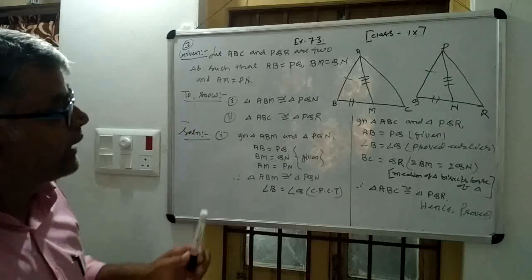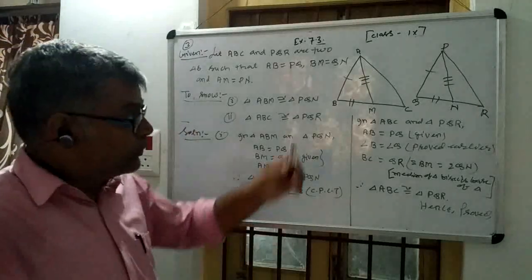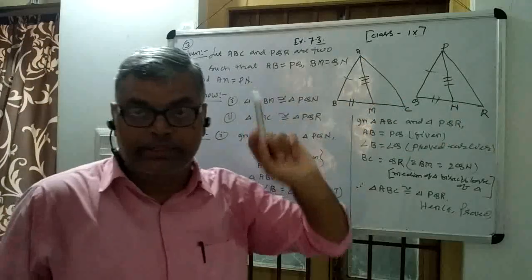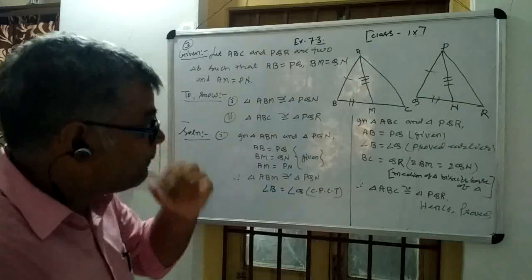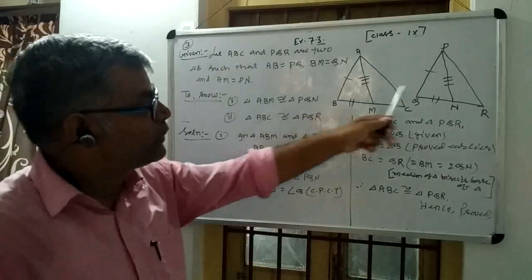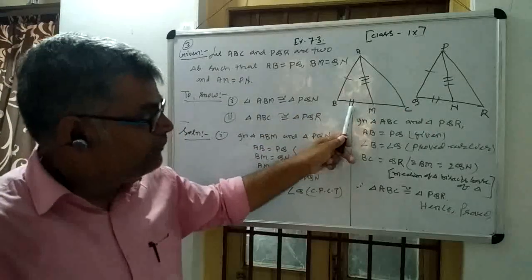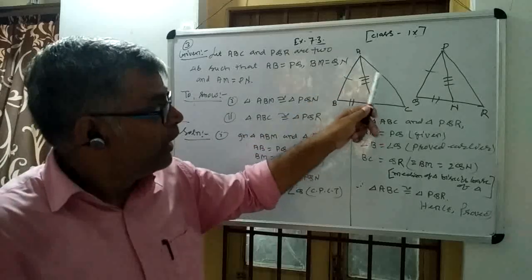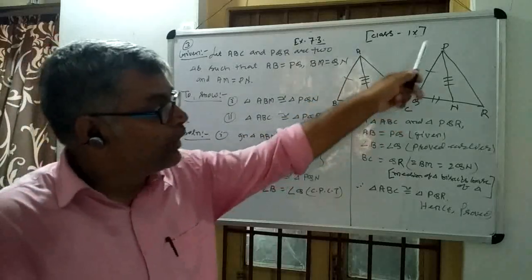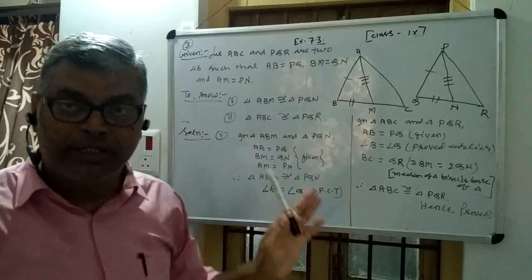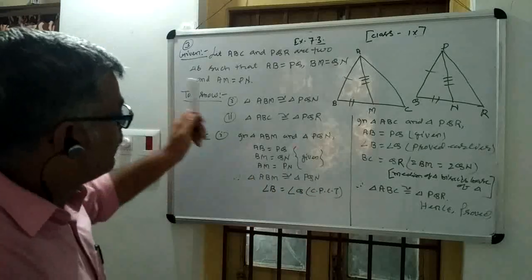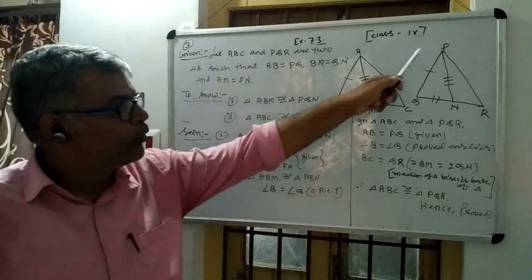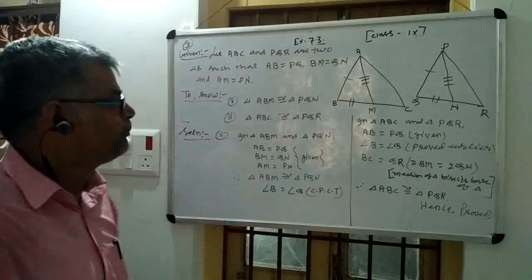Now let's look once again. In this question, two triangles ABC and PQR are given such that AB equals PQ, BM equals QN, and median AM is equal to median PN of the other triangle. Our first part was to show that triangle ABM is congruent to triangle PQN.